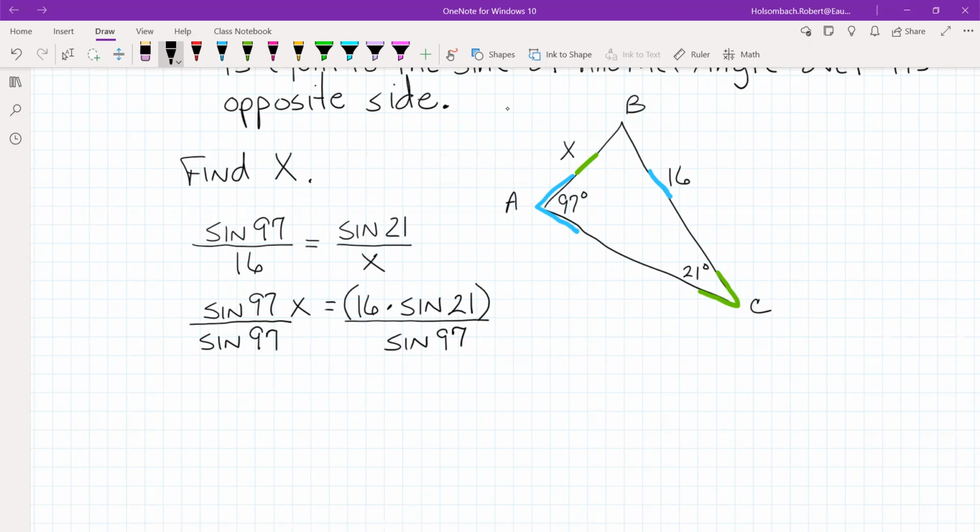Let's set it to second, fix 1. So we're going to round to the nearest tenth, because that's what the question asked to do. So 16 times 21 sine and hit equals. And then divided by 97 sine and hit equals again. And everybody should get x equals 5.8.